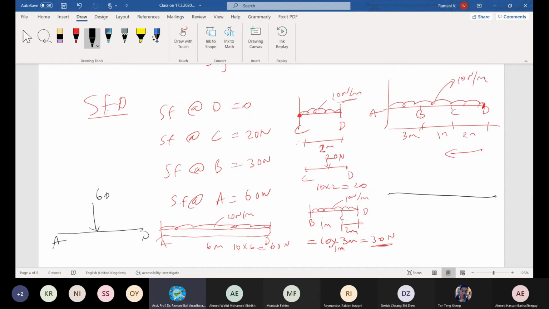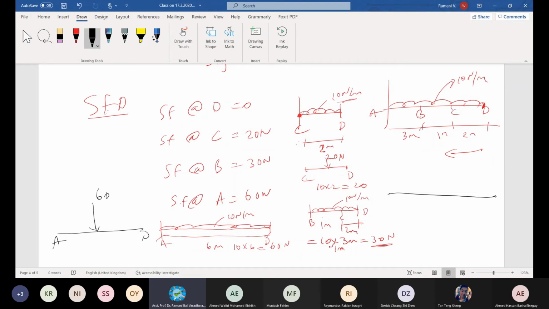And another thing, it is the UDL. If it is point load, you can have straight horizontal lines. Please bear in mind, later I will give you the chart, don't worry, because I don't have time to cover all of them, as these were covered in a previous module. I repeat, for point load, shear force should be straight horizontal lines.